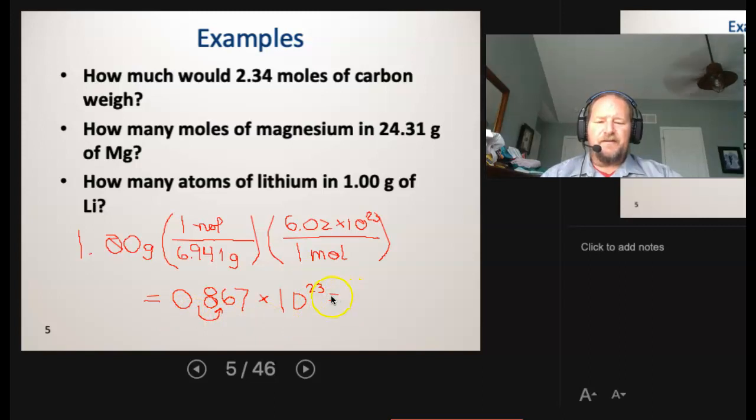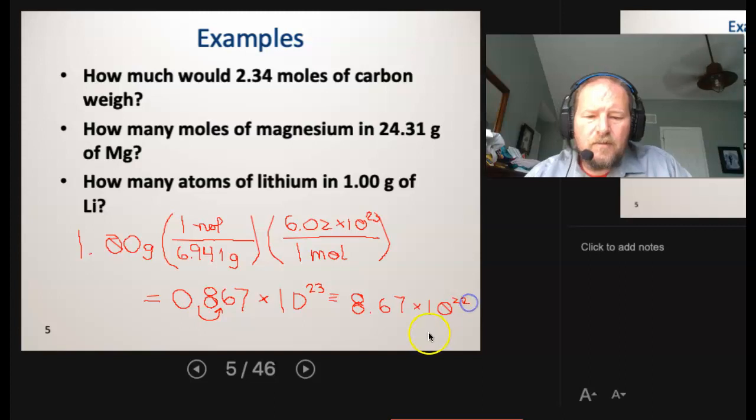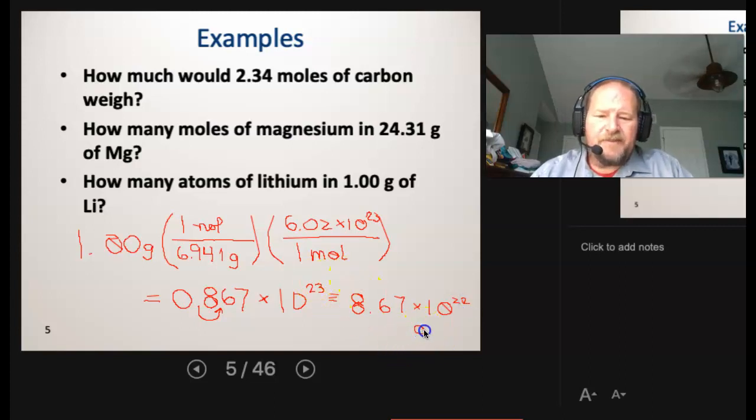And so this is going to be 8.67 times 10 to the 22. And of course, at this point now, we'll be in atoms.